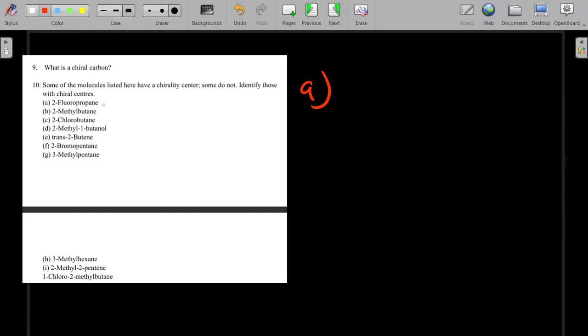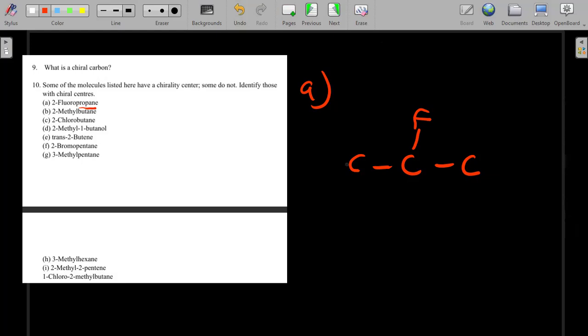Let's write the structure for this molecule. We have 2-fluoropropane. Propane is the parent name, a 3 carbon molecule. Now they're saying at position number 2 you have a fluorine attached to it.